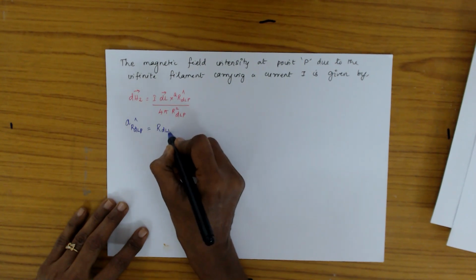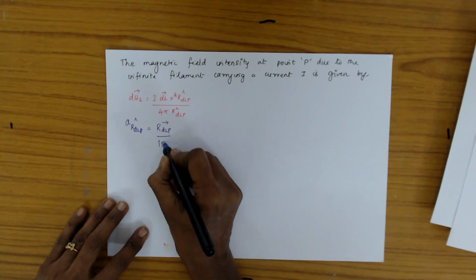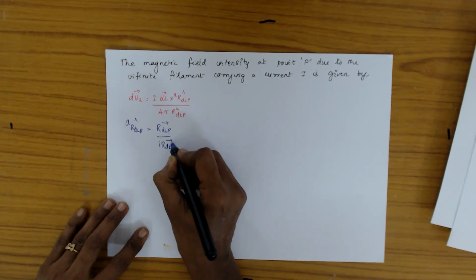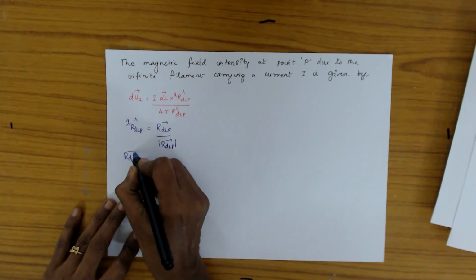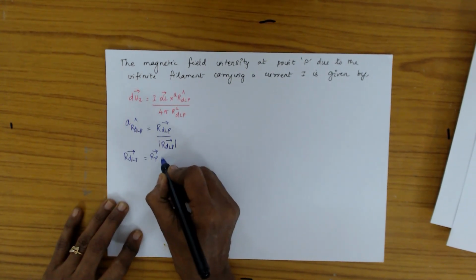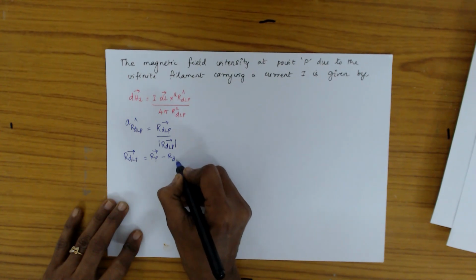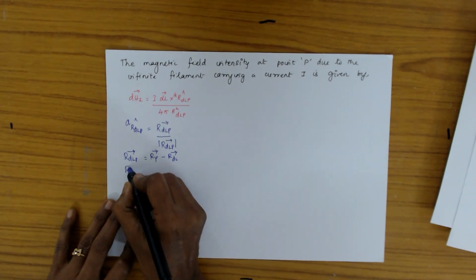So aR dlp is equal to r dlp vector divided by the magnitude of r dlp vector. What is r dlp vector? R dlp vector is the distance vector, defined by the subtraction of the position vectors rp vector and the dl vector.